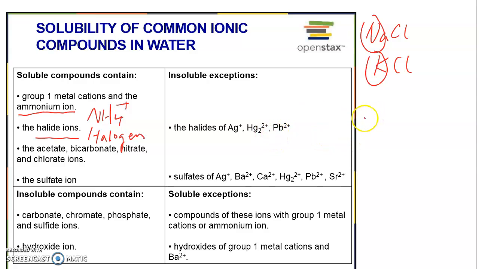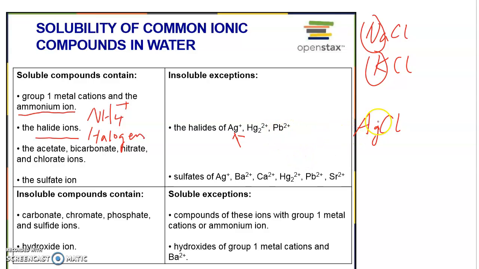So for example, if you have AgCl, that is silver chloride, would that be soluble or not? And the answer is no, it will not be soluble, although it is a halide, but silver is within this insoluble list, so it will not be soluble.